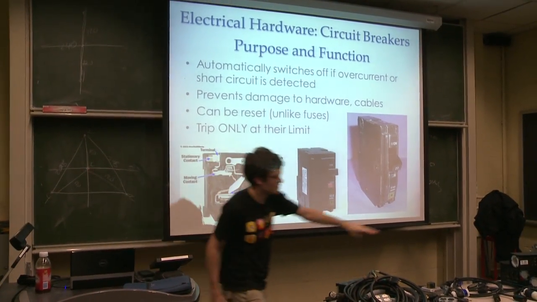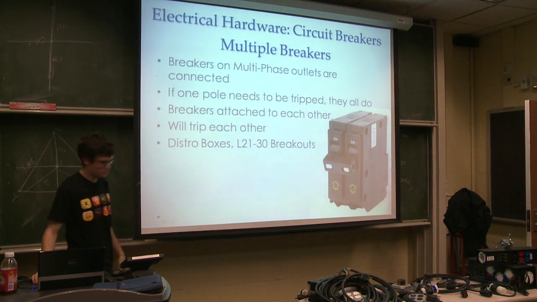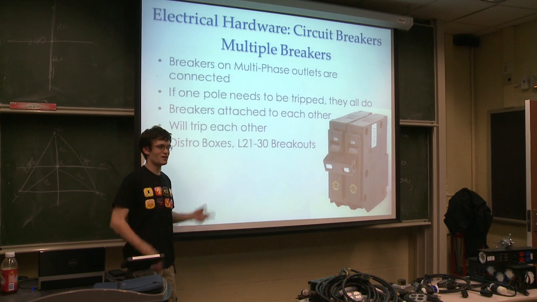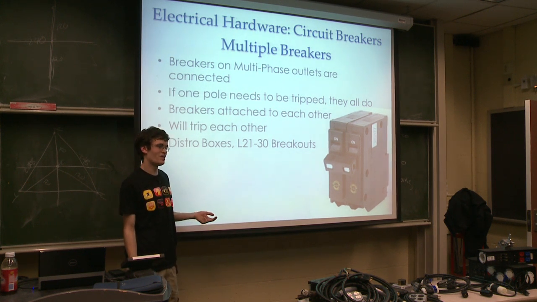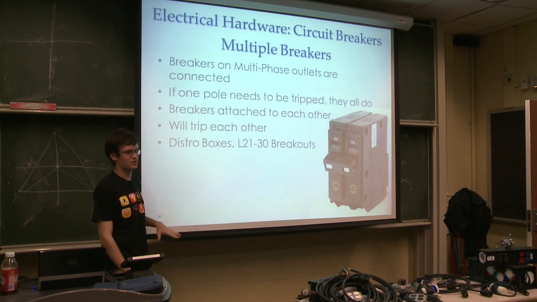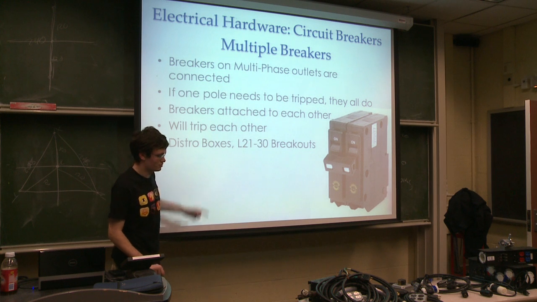So if you notice, this box just has 3 breakers on it. You also get multiple breakers, and if you notice, a lot of the cables have multiple hots. If either one of the hots is suddenly drawing more than it's supposed to, or you want both of them to turn off because something's wrong with the device at the other end, you have multiple breakers.